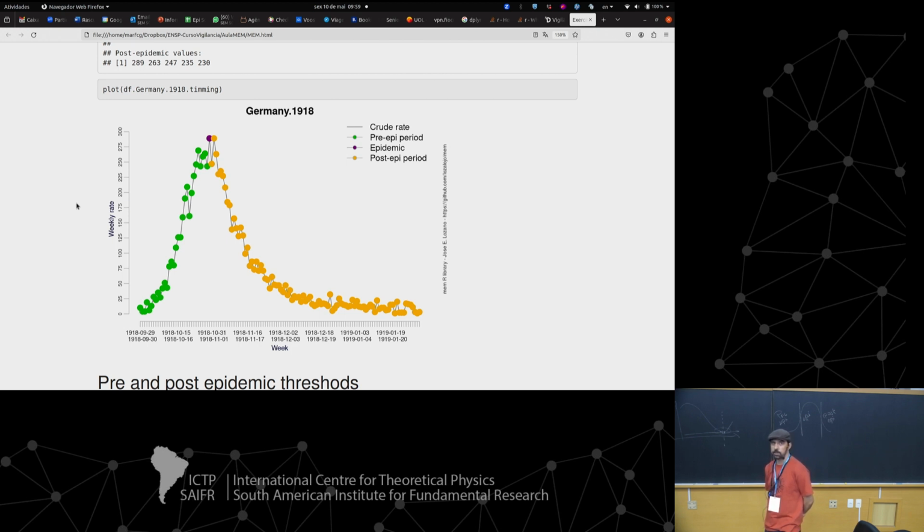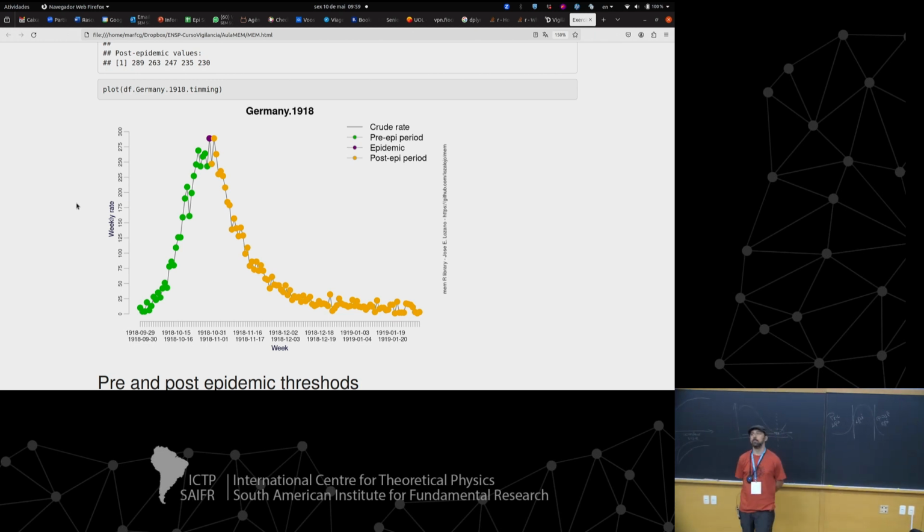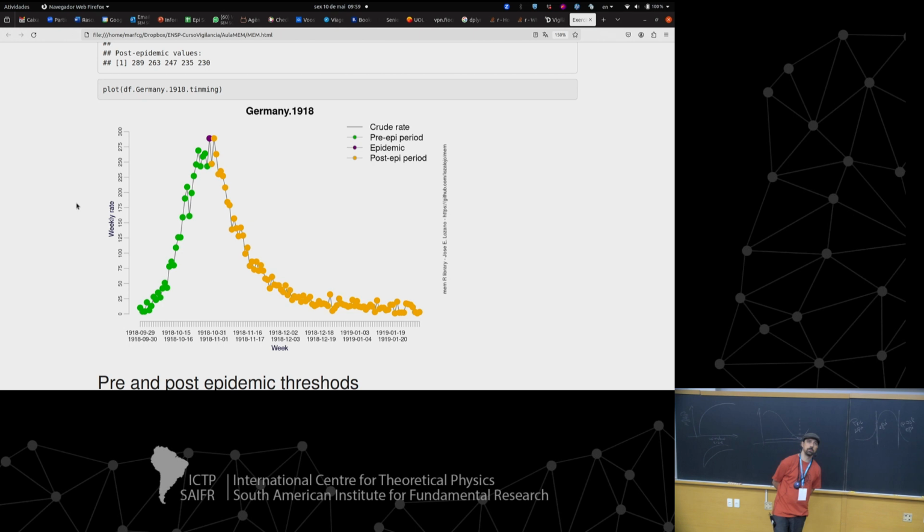Okay? So both the minimum and the maximum suggested values don't make any sense at all for this particular data set. Okay, for the previous one, it was pretty good. For the Castilla and León data set, it was pretty good.